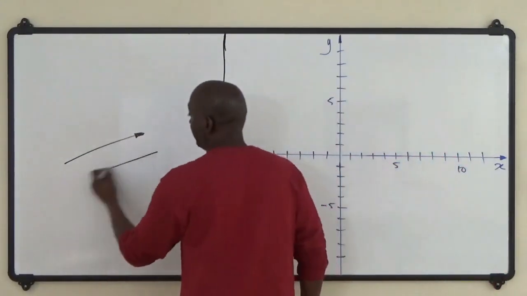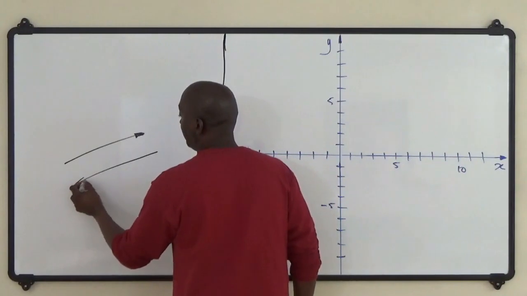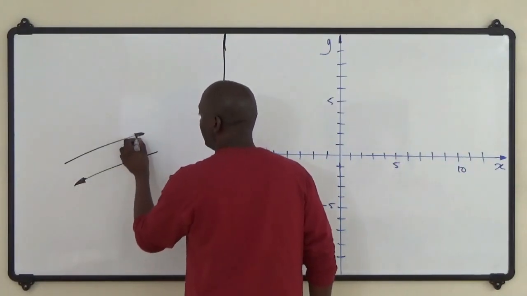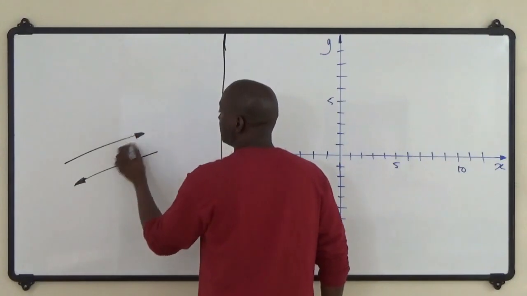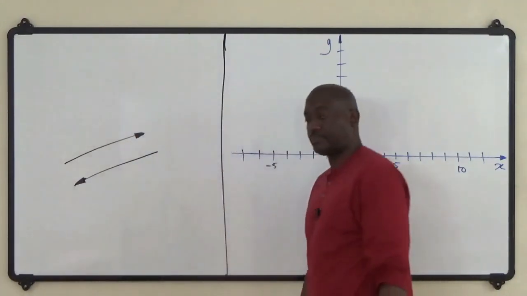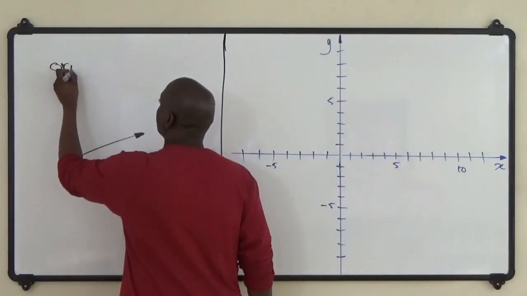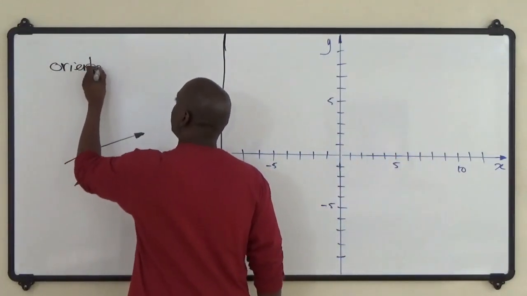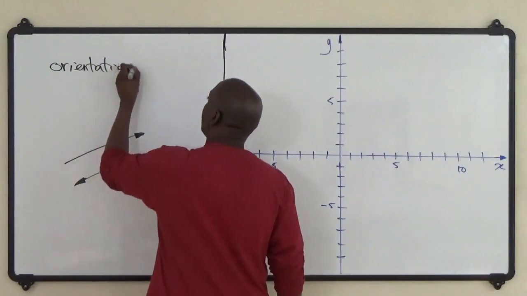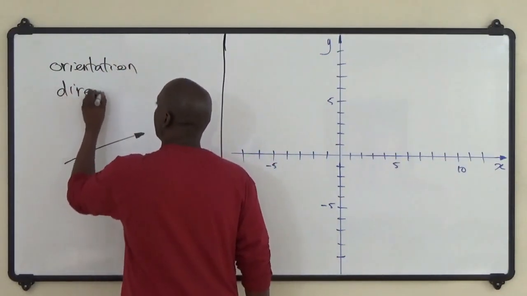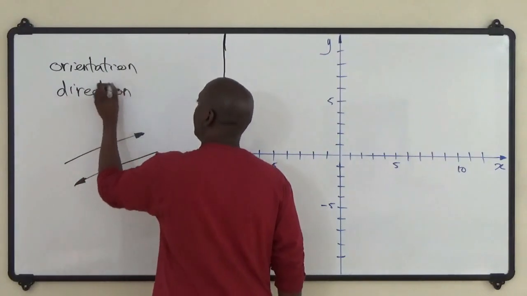You can have a straight line with the arrowhead in the opposite direction. So this brings me now to another property of vectors that I want to discuss. There's something that we refer to as the orientation of a vector, and then there's the direction of a vector. All right?